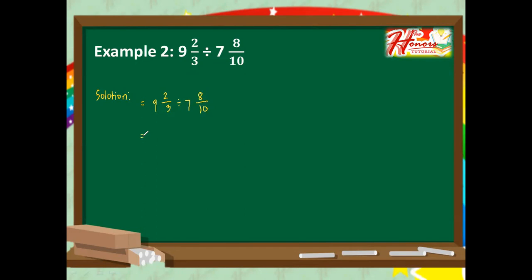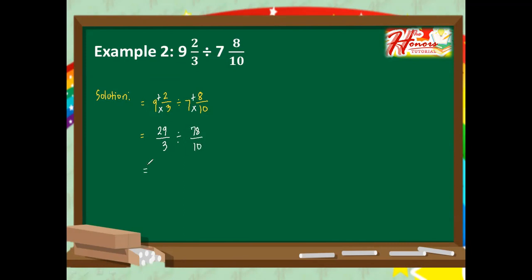We have to convert the given into improper fraction. So therefore, it will become 9 times 3, that's 27, plus 2, that's 29, over 3. Divided by 7 times 10, that's 70, plus 8, that's 78 over 10.